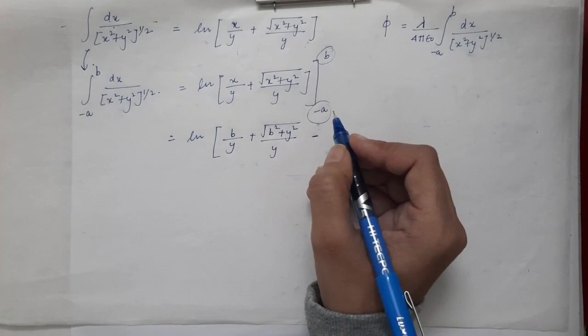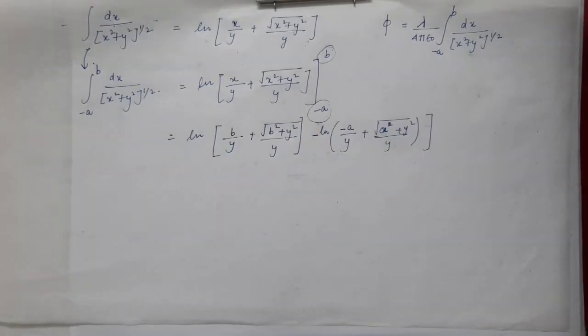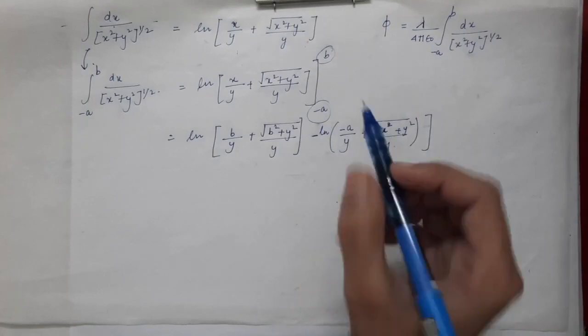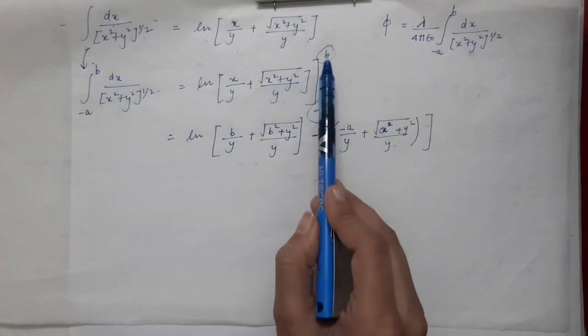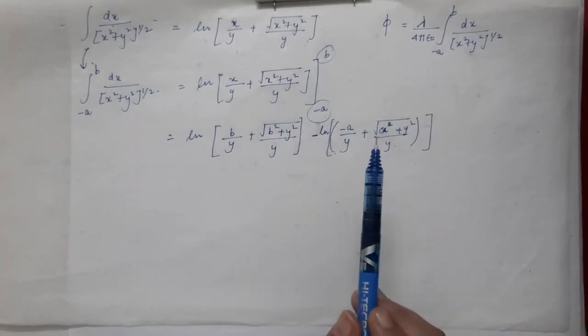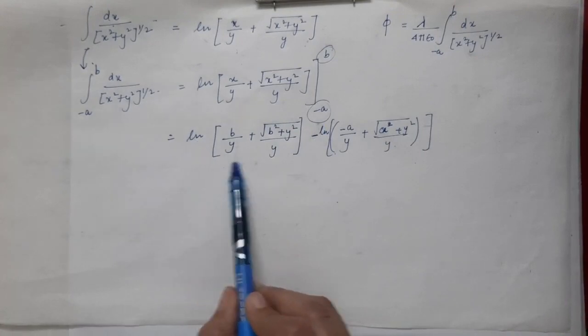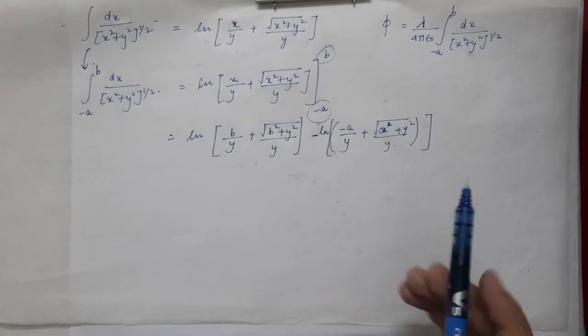So after inserting the lower limit you will get this particular expression. Here you have just inserted the upper limit, minus, now you are inserting the lower limit. So you will get natural log of this expression minus natural log of this expression.